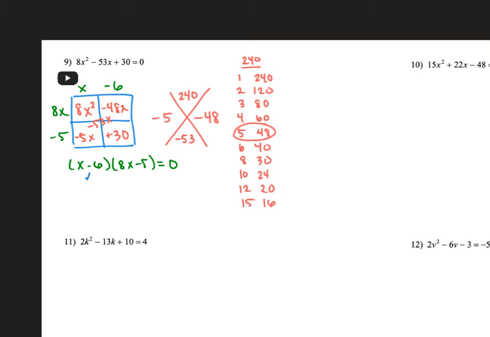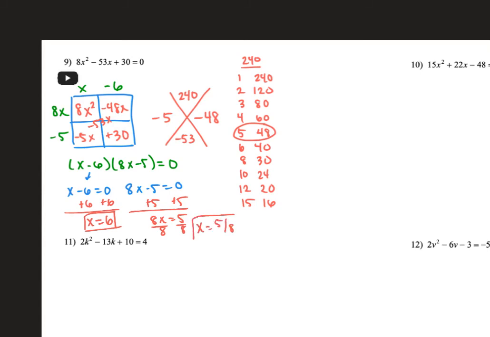Now we can use zero product property. So x minus 6 equals 0, and 8x minus 5 equals 0. To solve, we add 6 to both sides, so x equals 6. In this case, we add 5 and then divide by 8, so x equals 5/8.